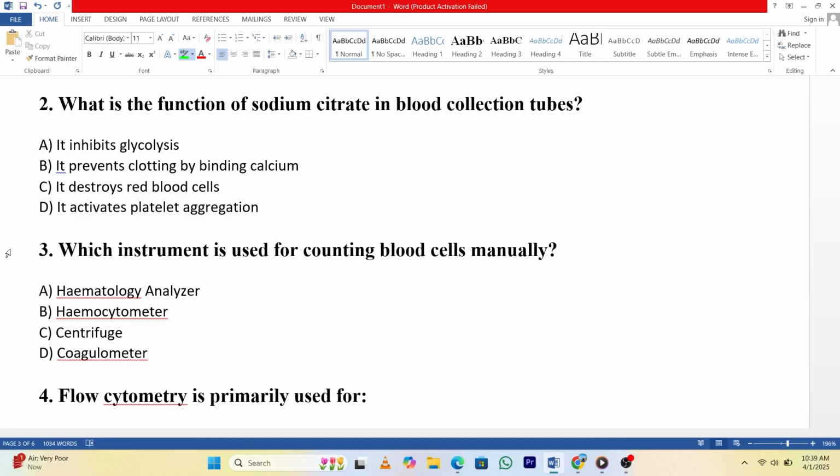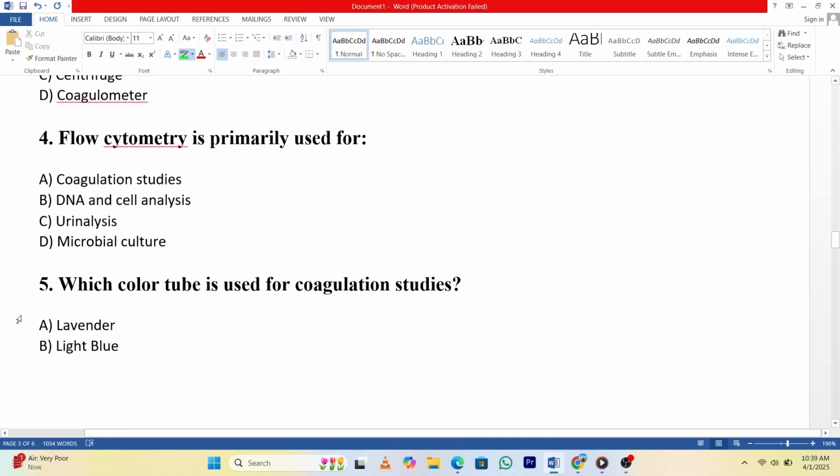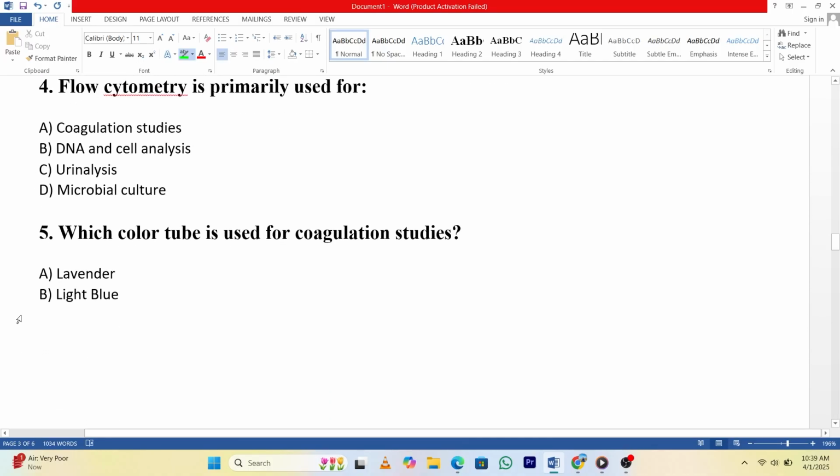Answer: B. 3. Which instrument is used for counting blood cells manually? A. Haematology analyzer. B. Hemocytometer. C. Centrifuge. D. Coagulometer. Answer: B. 4. Flow cytometry is primarily used for: A. Coagulation studies.